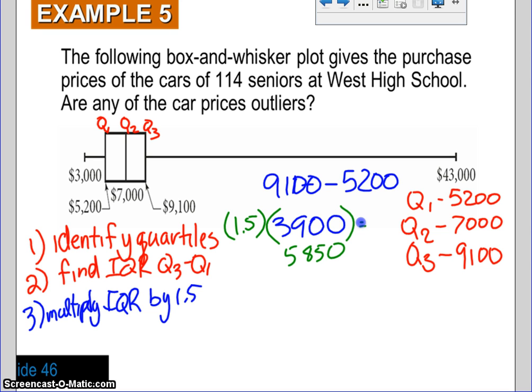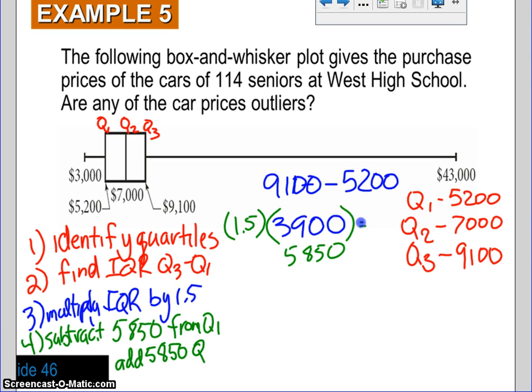Okay, the next thing we're going to do is we are going to subtract the 5850 from quartile 1 and add 5850 to quartile 3.